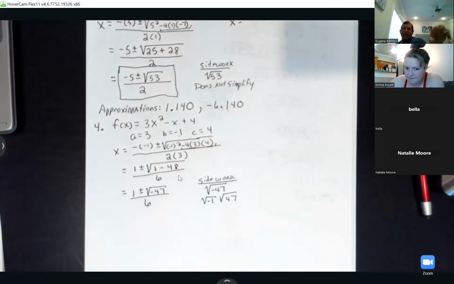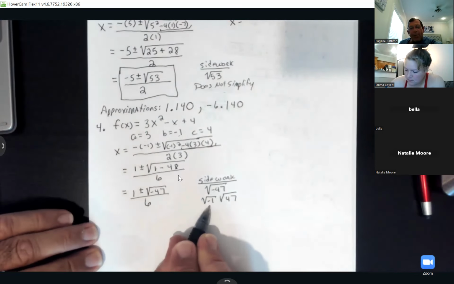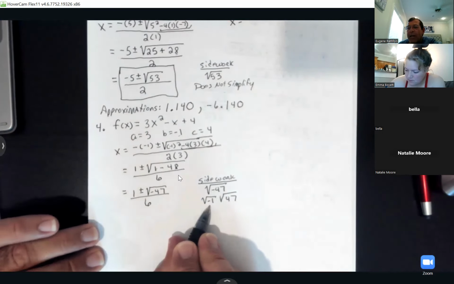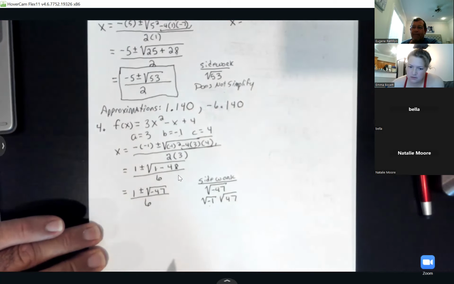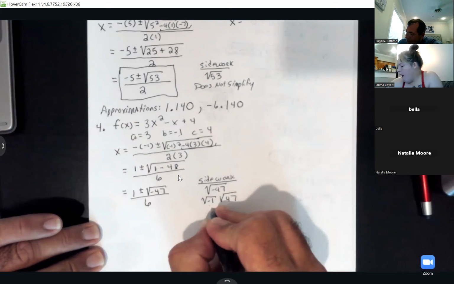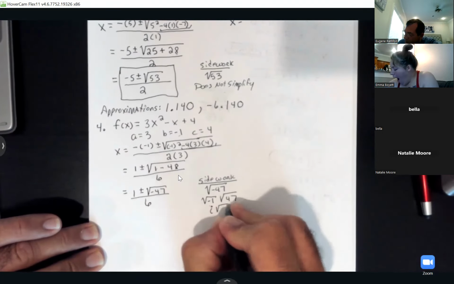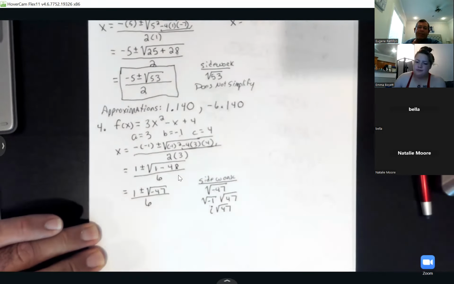Remember a while ago when we were separating them radicals, we said if it had a negative under there, we're going to bring it out as a -1. And then what am I going to turn that square root of -1 into? An I. An I. So that's going to give me an I square root of 47.